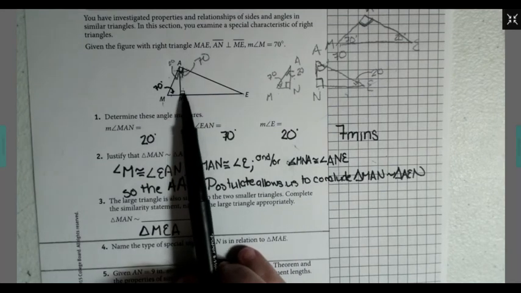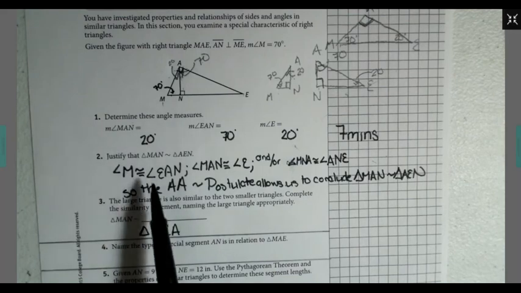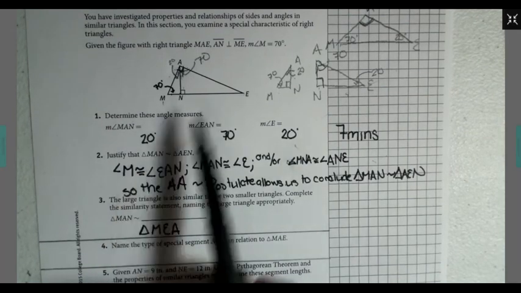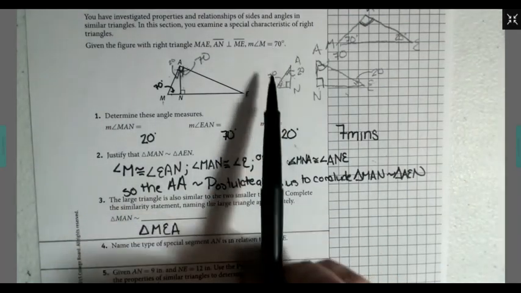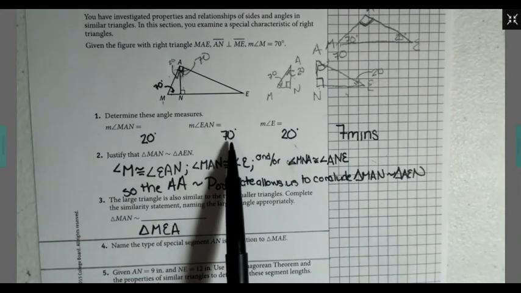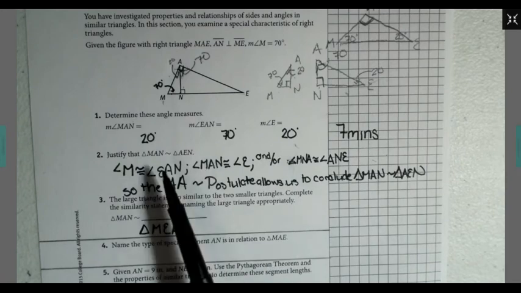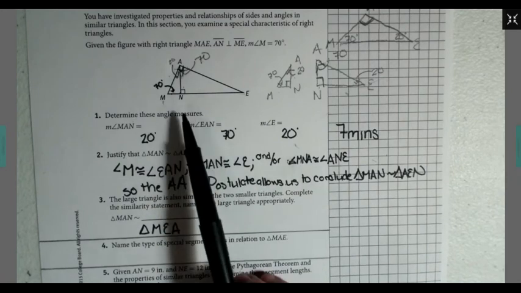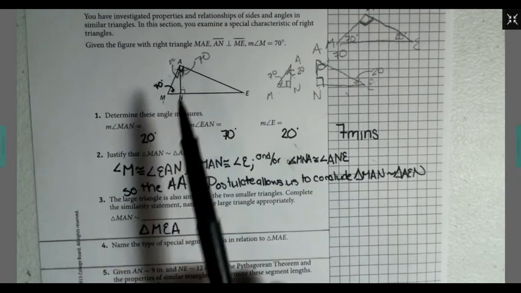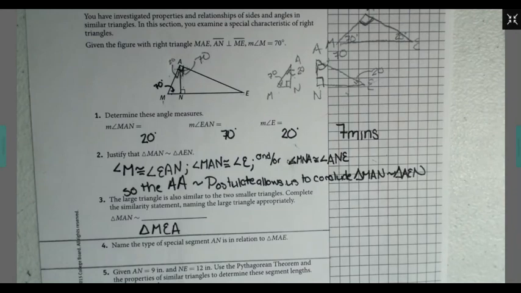Those were my two right angles in those triangles. So I just pulled these from the beginning. We said M was 70, EAN was 70, so those are equal. We know that MAN is equal to E because those are both 20. And we know that these two, remember, all right angles are congruent.